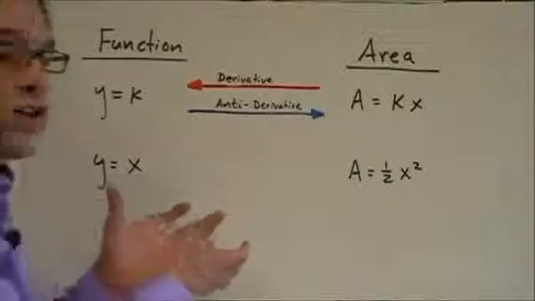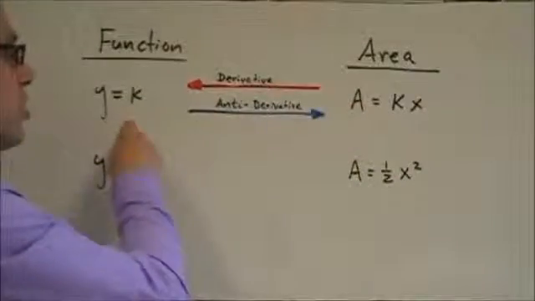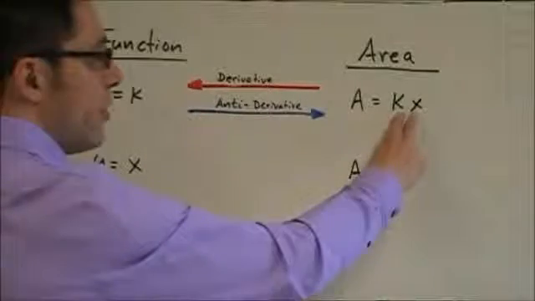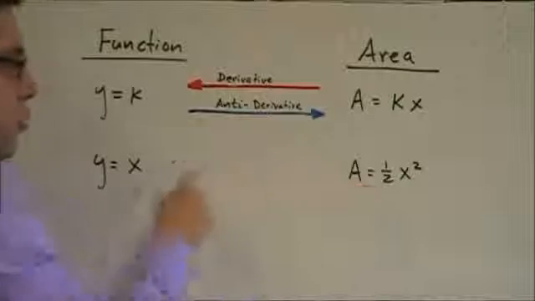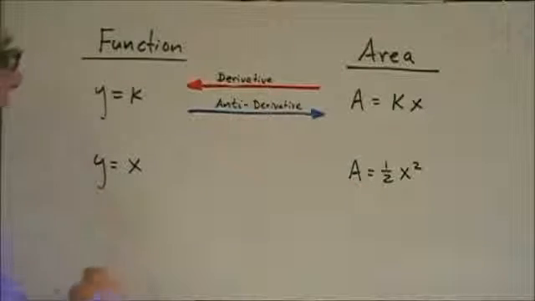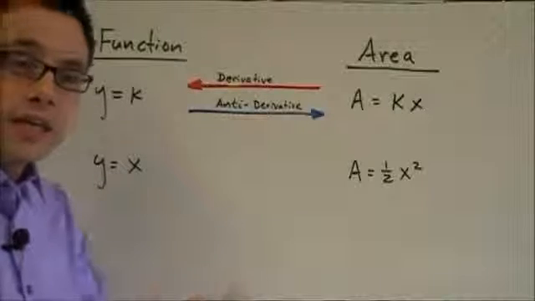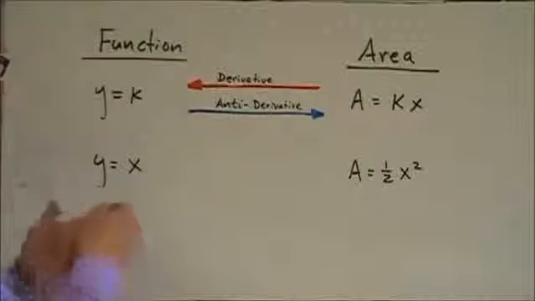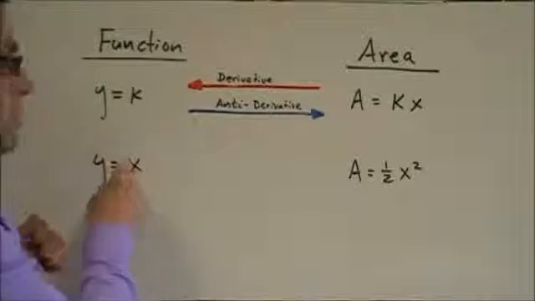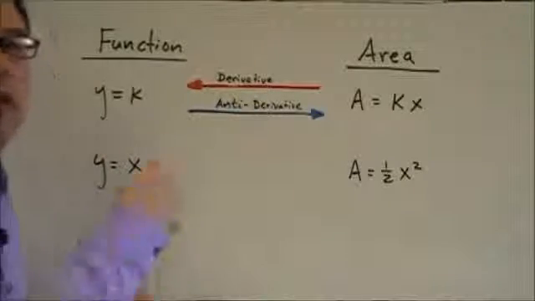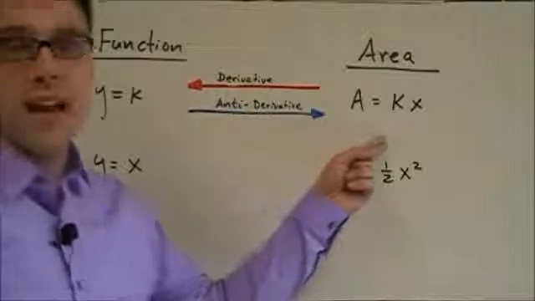And this is the connection that we talked about. That is, if I want to go from area to the function, I take the derivative. If I take the derivative of the area, I get the function in both cases. However, what's new here, and what's ultimately going to be called integration, is if I want to find the area underneath these curves, these functions, starting at 0 out to some distance x, then I want to find what's called the antiderivative.